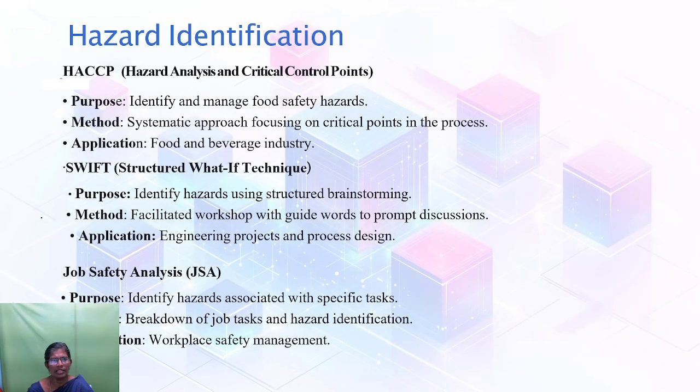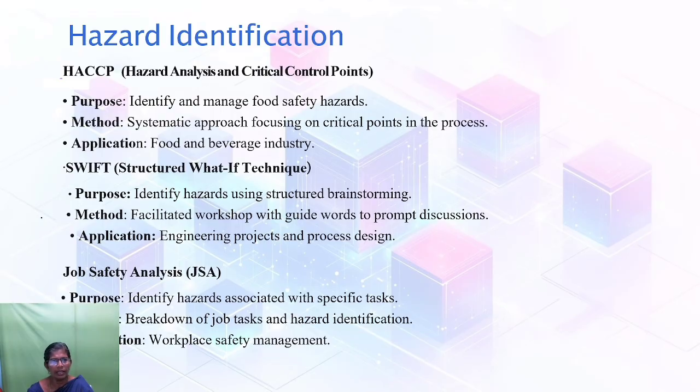Next method is HACCP, hazard analysis and critical control points. This is mainly used in the food and beverage industry for identifying and managing food safety hazards. This is a systematic approach which focuses on critical points in the process.